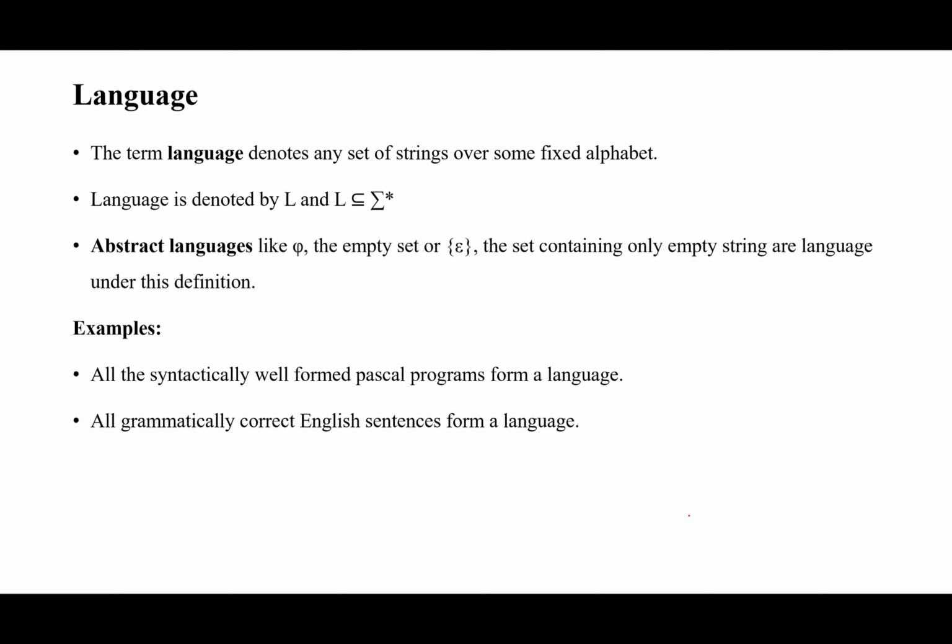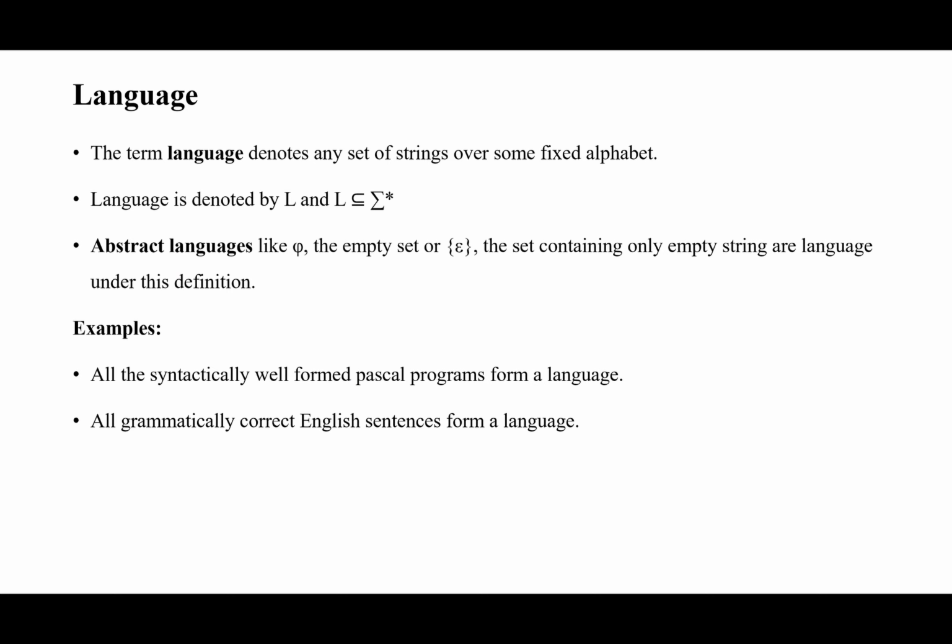The next one, a language. The term language denotes any set of strings over some fixed alphabet. It is denoted by L, and L is a subset of sigma star. That is, let sigma be the alphabet and sigma star be the set of all strings on the alphabet sigma. Any subset of the Kleene closure is called a language over sigma.